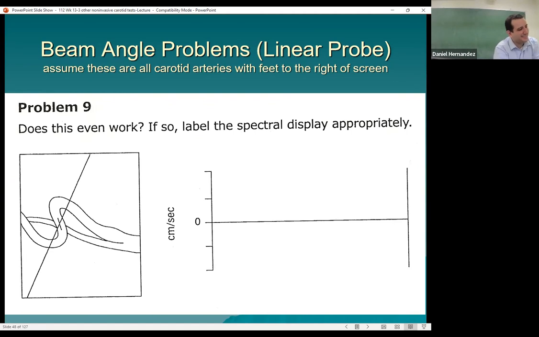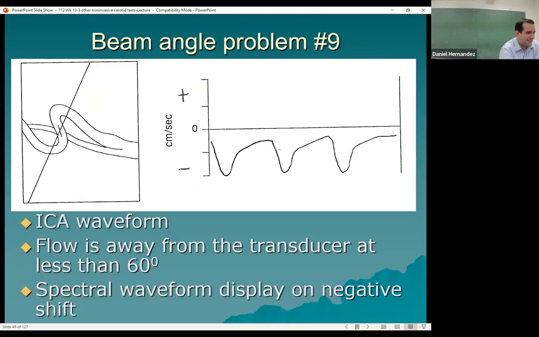Yeah, I guess it works. It flows away from the transducer. It's coming up around the churn. It's going away from the transducer. Not perpendicular to it.